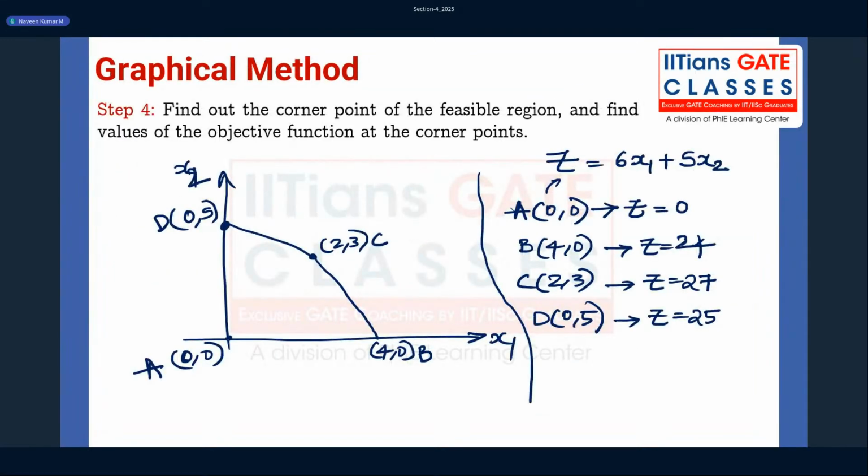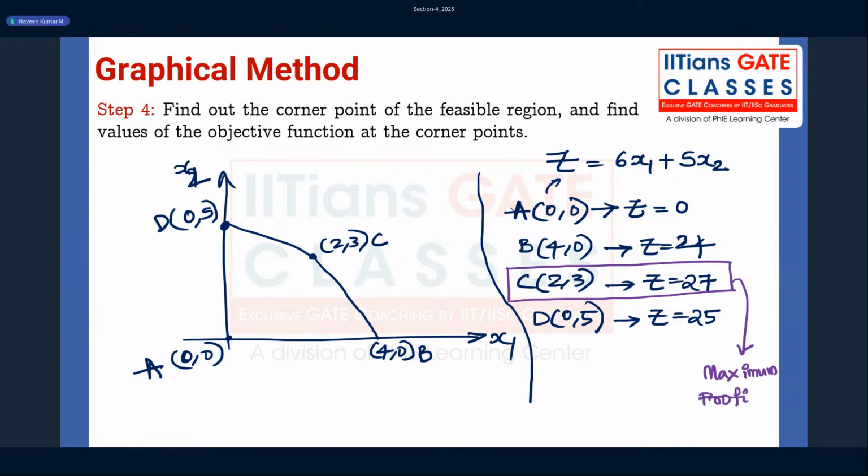Okay. Now, what are you going to do? You have to find the maximum value out of all these objective values, where you're getting 0, 24, 27, 25. So 27 is the maximum value, the maximum profit.